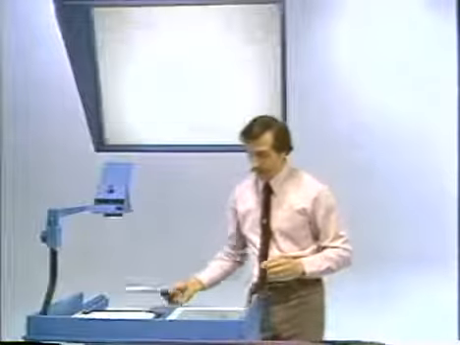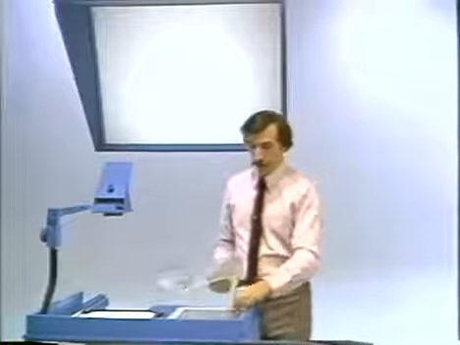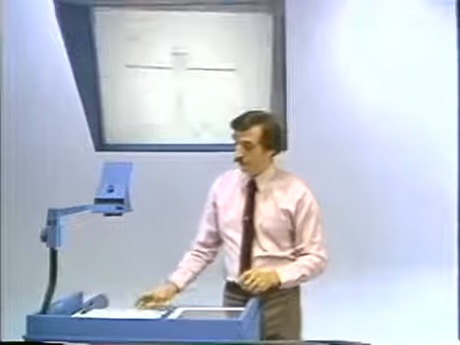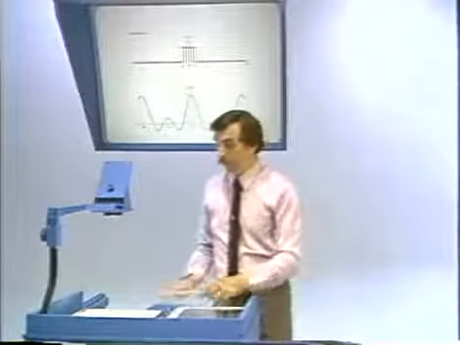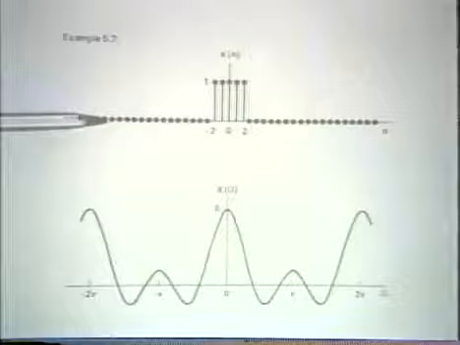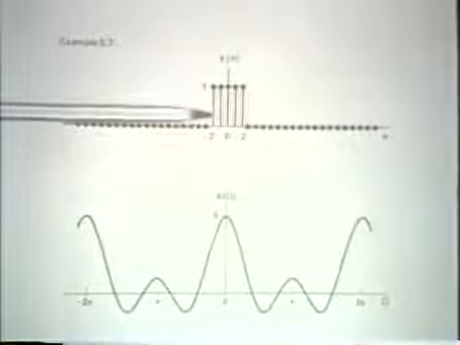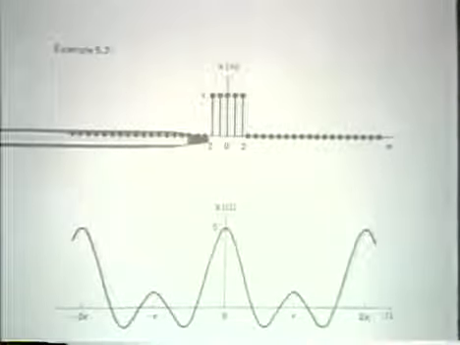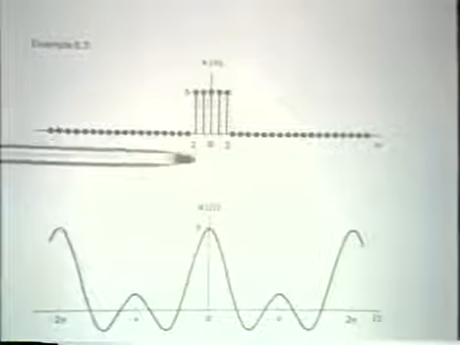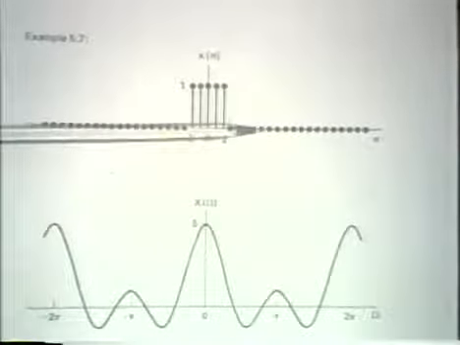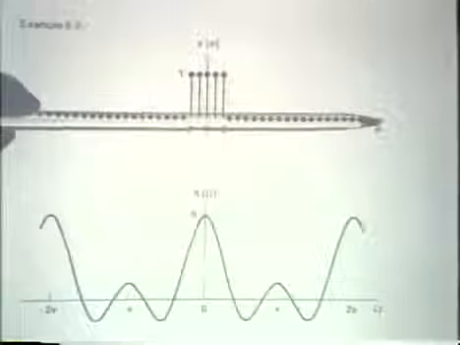All right, let's look at an example. And, of course, one example that we can look at is the one that has kind of been tracking us through this lecture, which is the example of a rectangle. Now, the rectangle, if we refer back to our argument of how we get a Fourier representation for an aperiodic signal, we would form a periodic signal where this is repeated, and that's our square wave example.